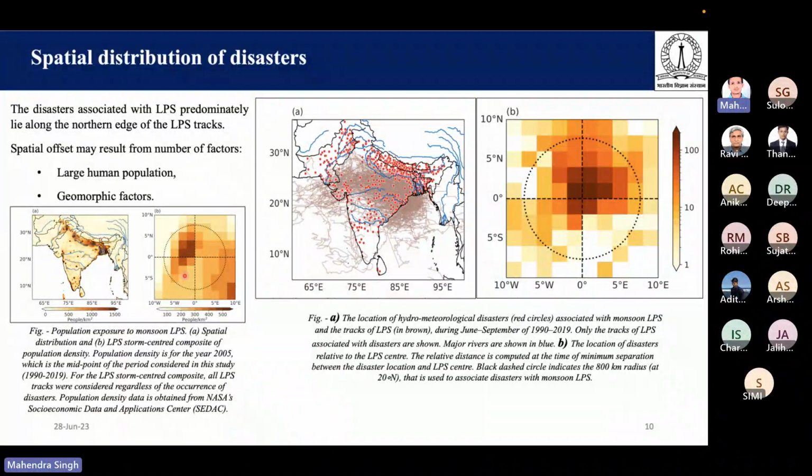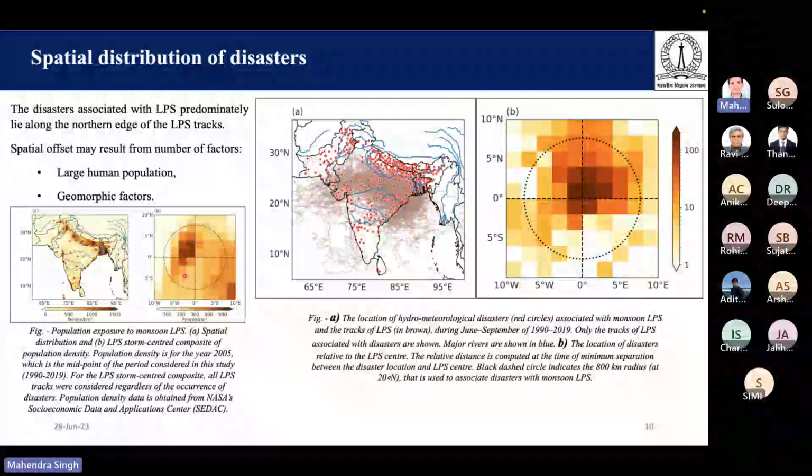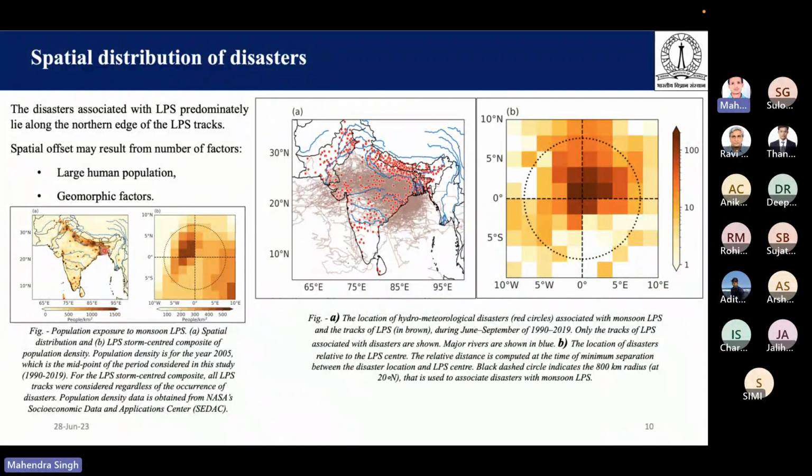Here we can see that the population mostly lies in the north or northwest direction, and under the foothills of the Himalayas. So this is coinciding with the disasters.